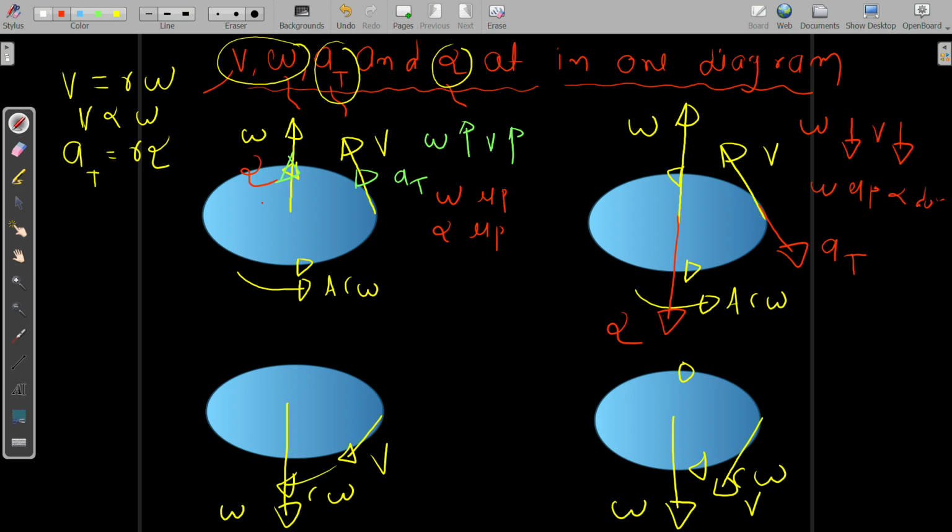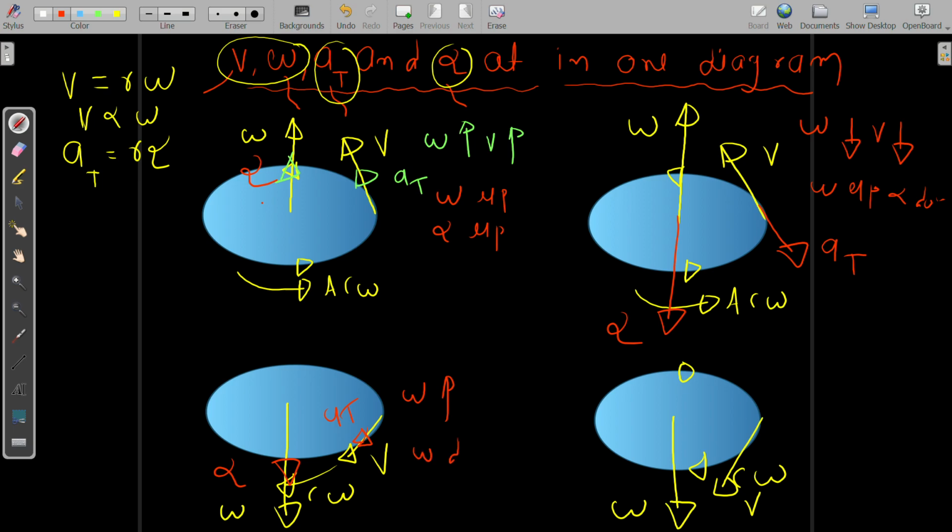Third case, now clockwise. Suppose omega is going to increase here, then AT should be like this, in this direction. Curl fingers in the direction of AT and decide: again alpha becomes downward. Do practice. Here alpha supports us, that is acceleration.